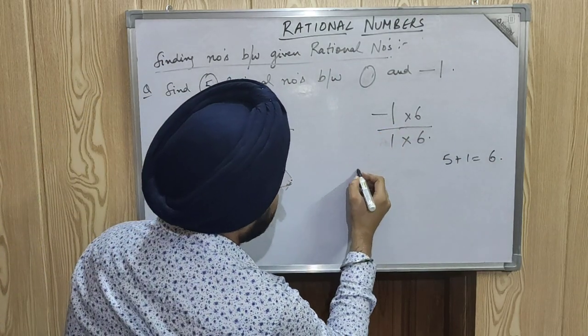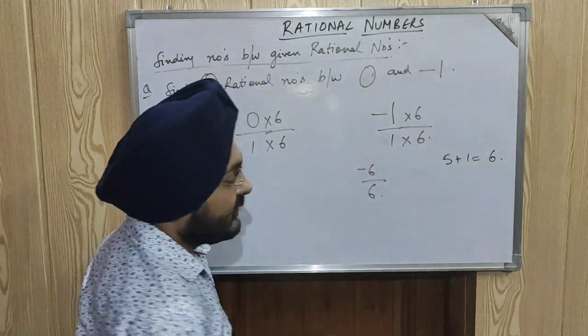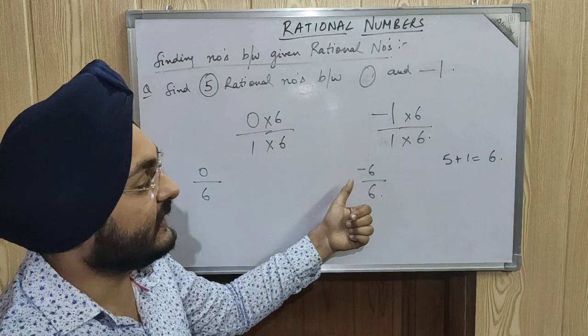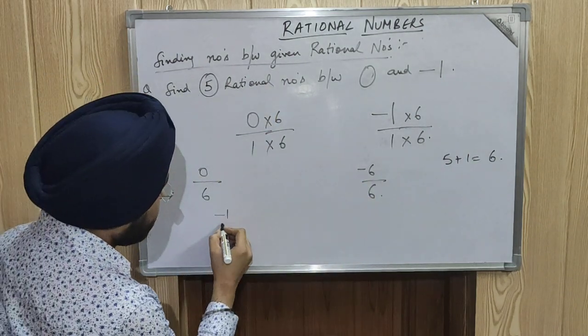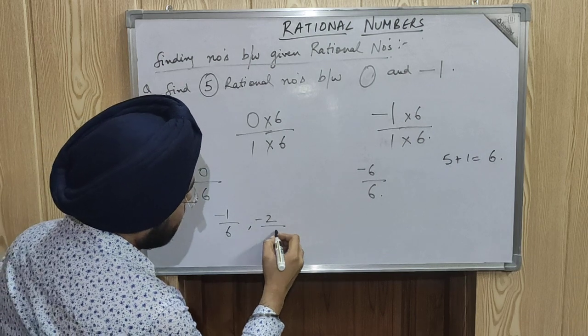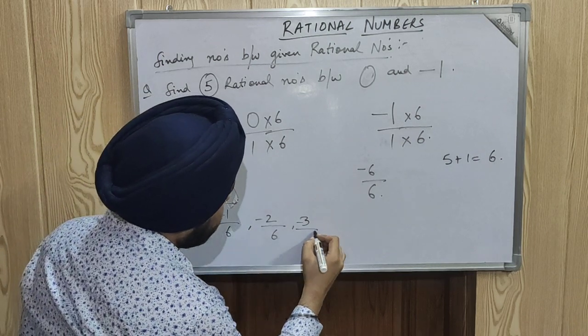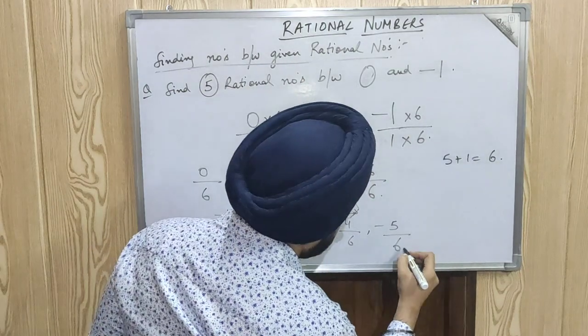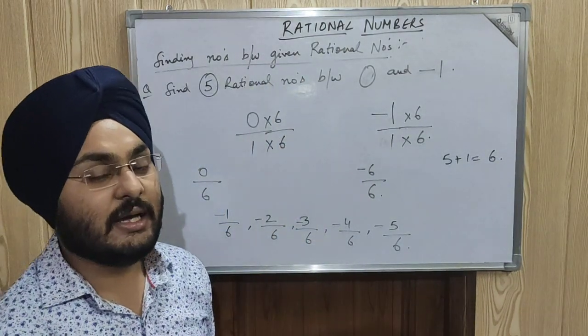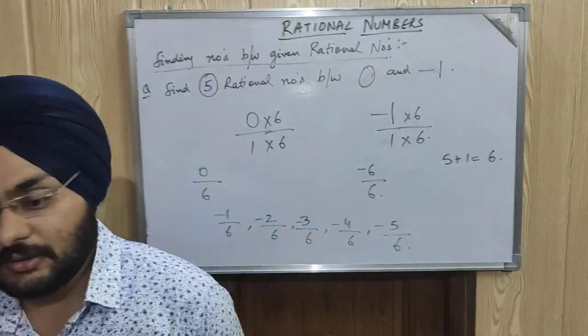And this will be getting what? Minus 6 by 6. So now you can write easily the 5 rational numbers between this. So starting with this is what? Minus 1 by 6, minus 2 by 6, minus 3 by 6, minus 4 by 6, and what? Minus 5 by 6.